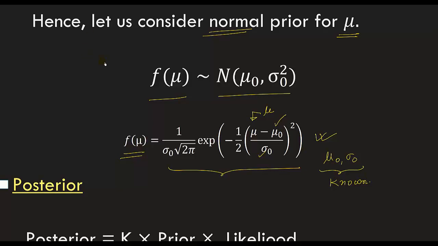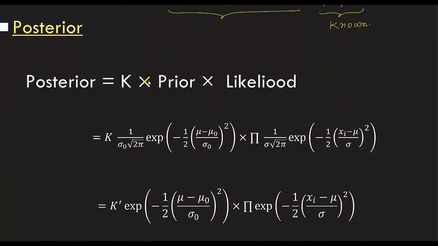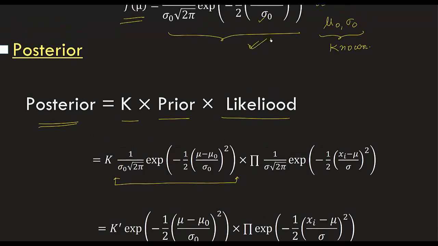Now I know my prior distribution and likelihood function, so I can calculate the posterior distribution, which is a normalization constant times prior times likelihood. Let us write: this is the prior for mu, the same thing that we have here.